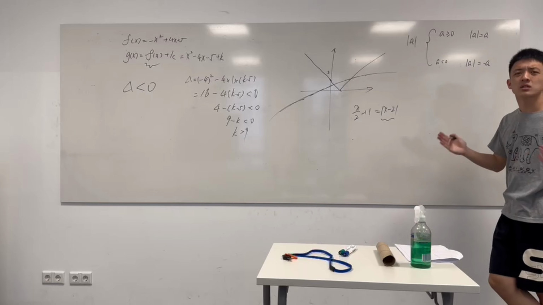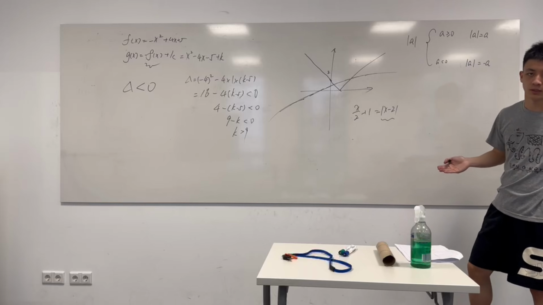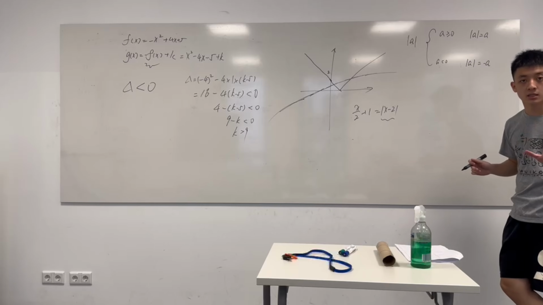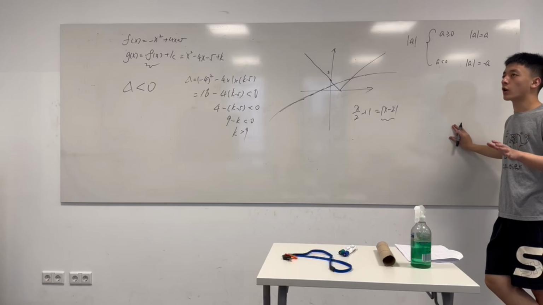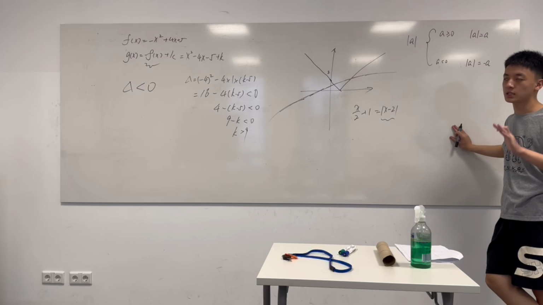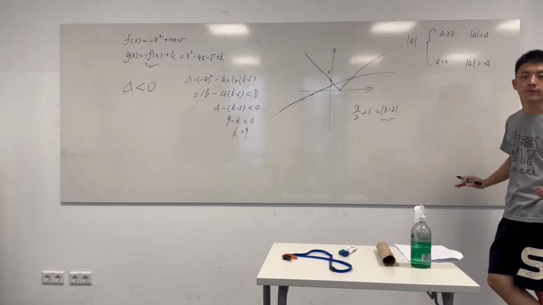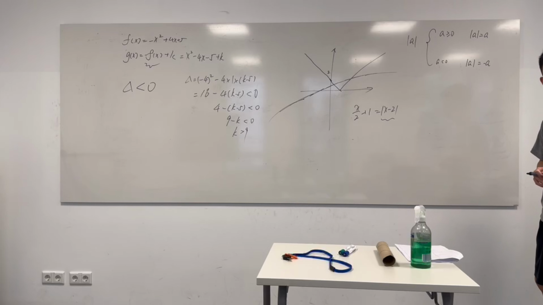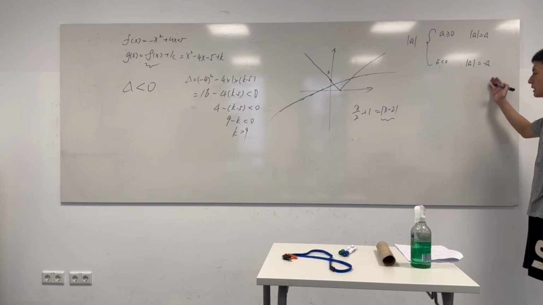Because for a positive number, the absolute value is itself. If it is a negative number, we want to know the distance. So the distance from a negative number, for example negative 3, to 0 is the same as the distance between 0 and 3. Therefore, the absolute value of a negative number is its opposite.